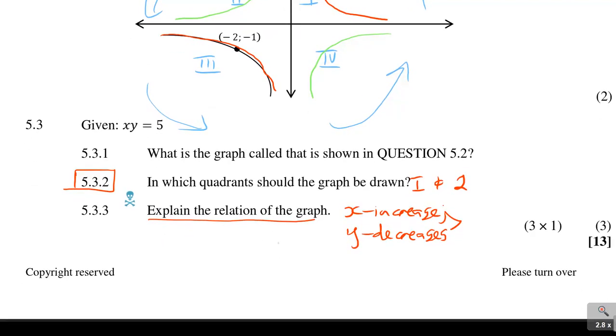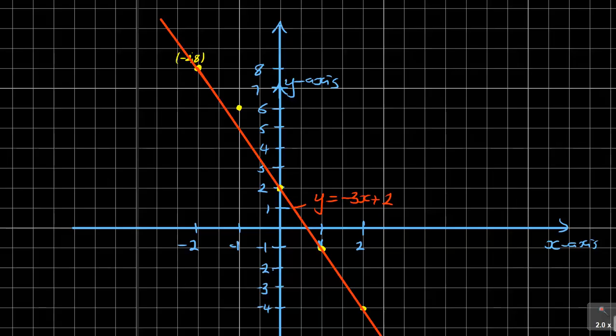Or the right way of putting it, you can say x is inversely proportional to y. That is the relationship that you're describing, and with that you get your marks.